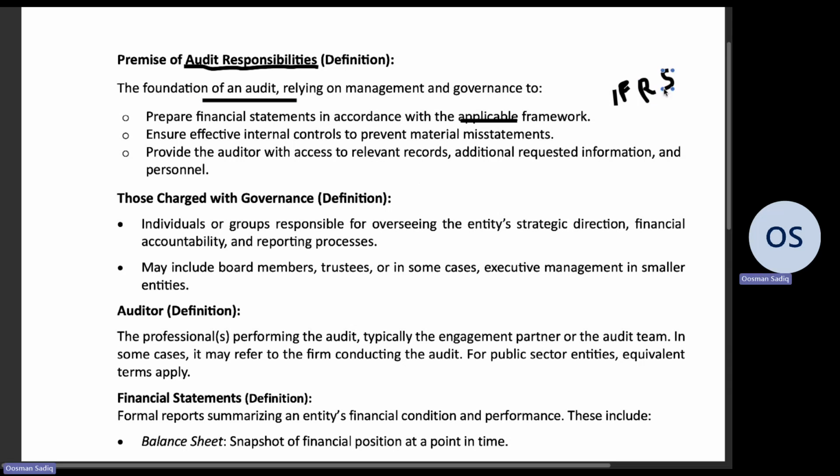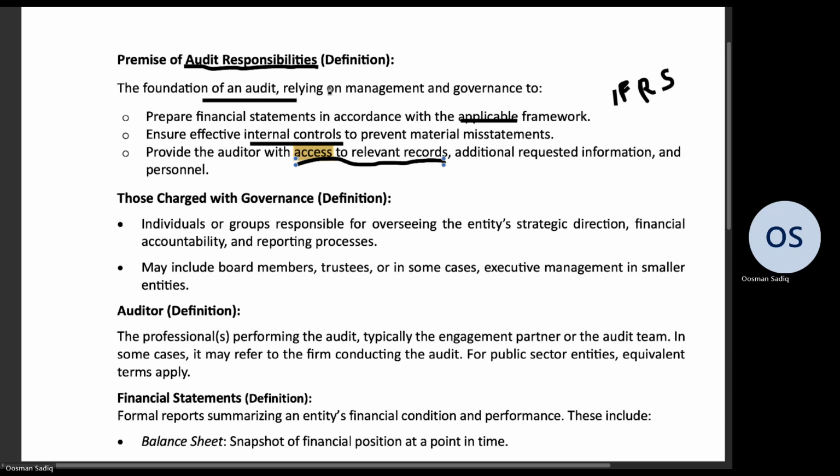There can be others, but IFRS is a very common example. Ensure effective internal controls to prevent material misstatement, and provide the auditor with access to relevant records, additional requested information and personnel.